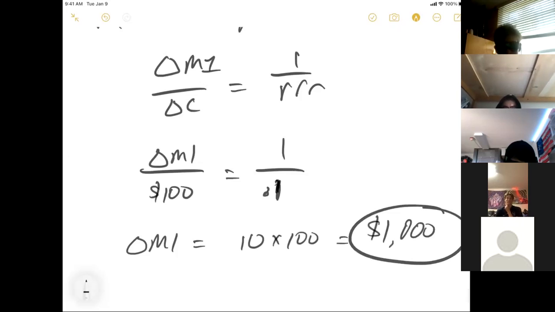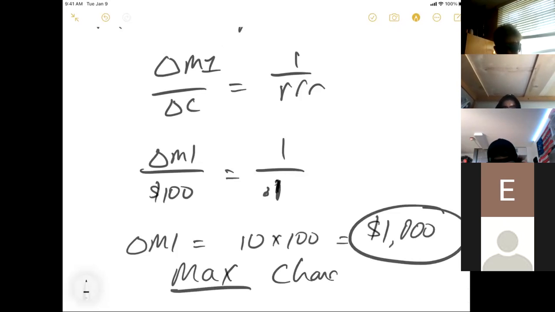So the ultimate change in the money supply will be $1,000. Once again, that would be the maximum change in the money supply.